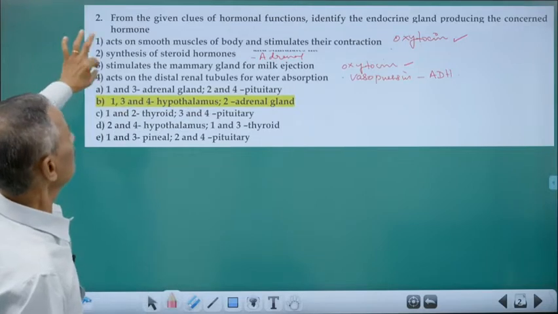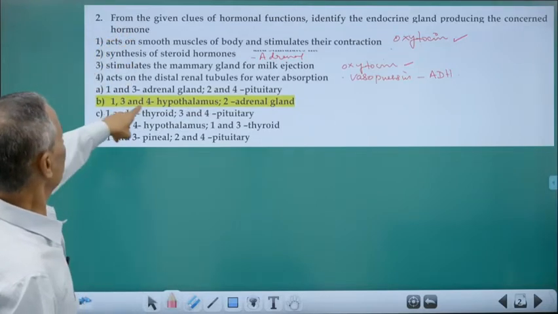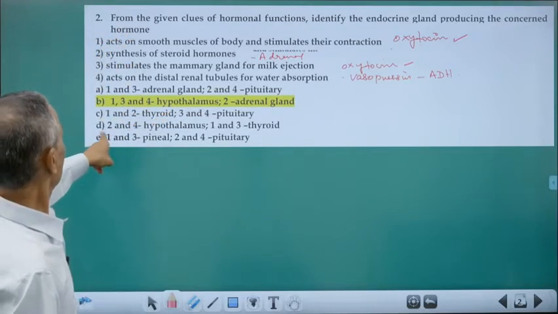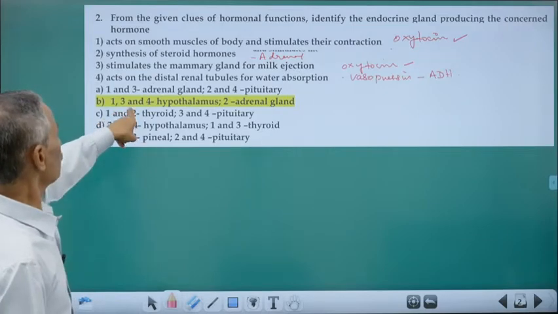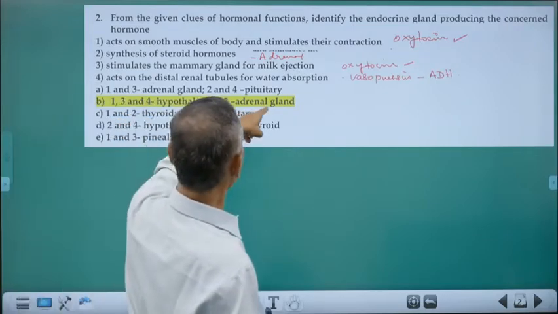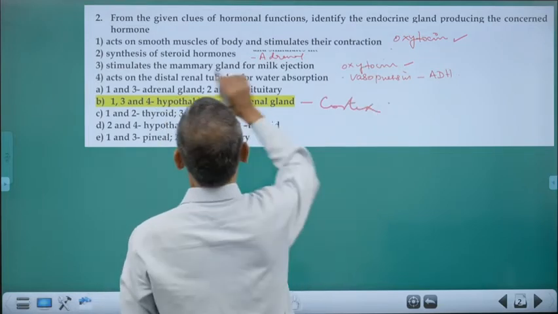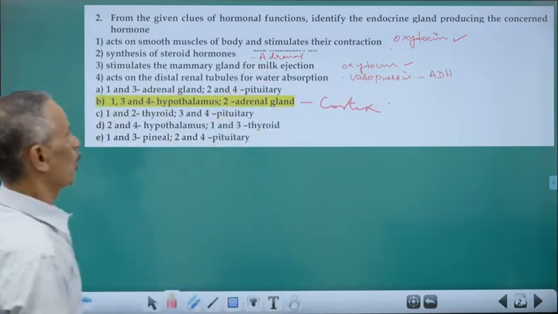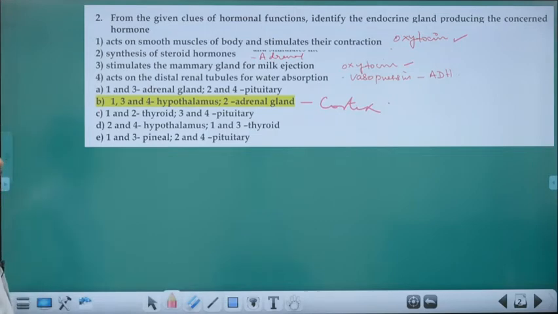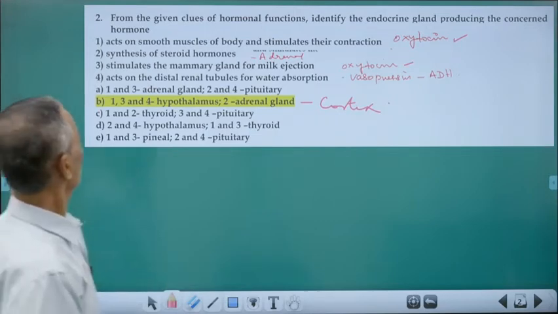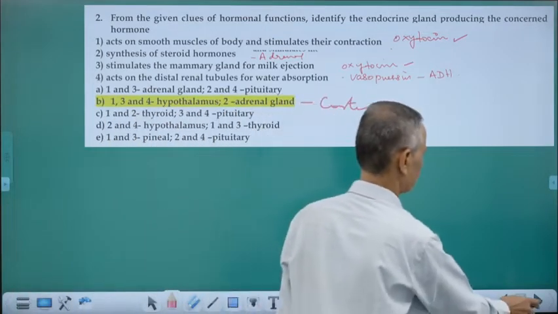So 1, 3 and 4 should be hypothalamus. Okay. So there is only one option, and the second will be adrenal gland. Of course, adrenal cortex is producing steroid hormones, large number of hormones. Correct. So the option goes to box.